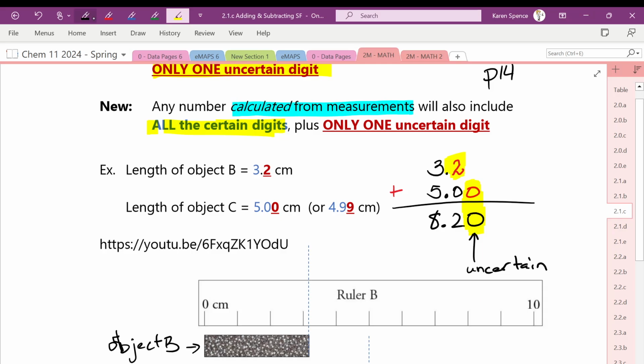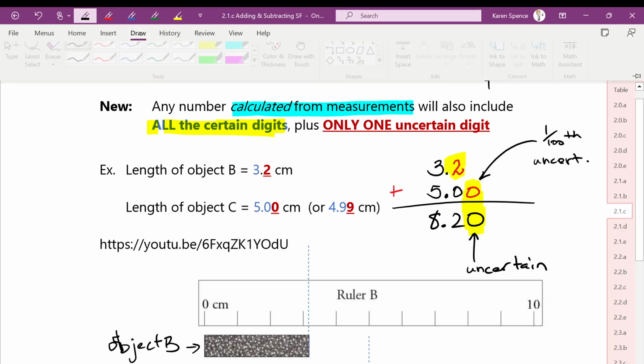So in this number, the hundredths are uncertain. Now, how about the 2? Am I sure about that too, or am I unsure about that too? I'm unsure about that too. Why am I unsure?